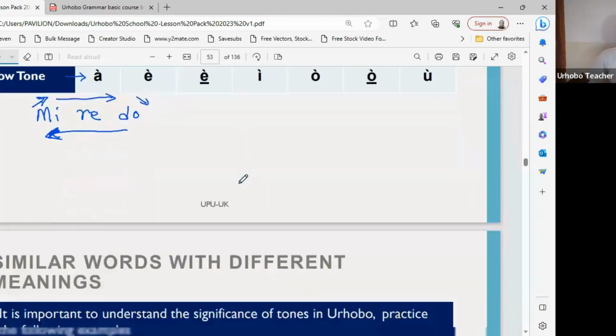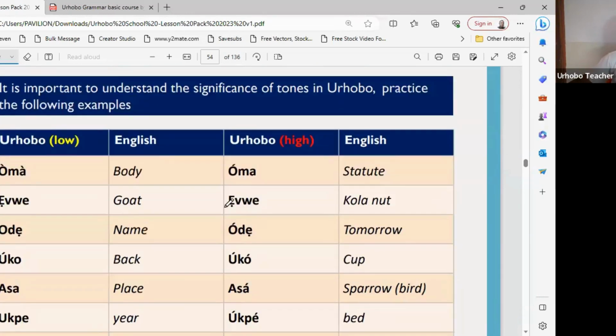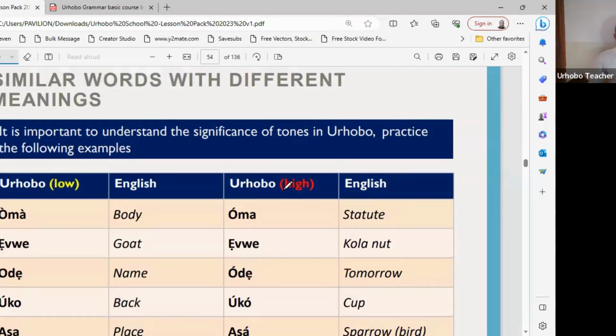Let's look at some words that will help us. Now you can see some words here. We have the low words here and the high words. This is the same spelling, Oma, Oma, the same spelling but different tones.